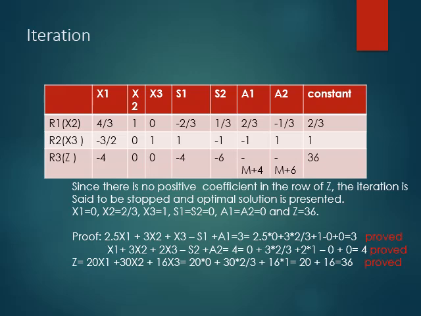Since x1 equals 0, plus 3 multiplied by x2, x2 equals 2 over 3, and plus 2 multiplied by 1 negative 0 plus 0 equals 4. Proved.